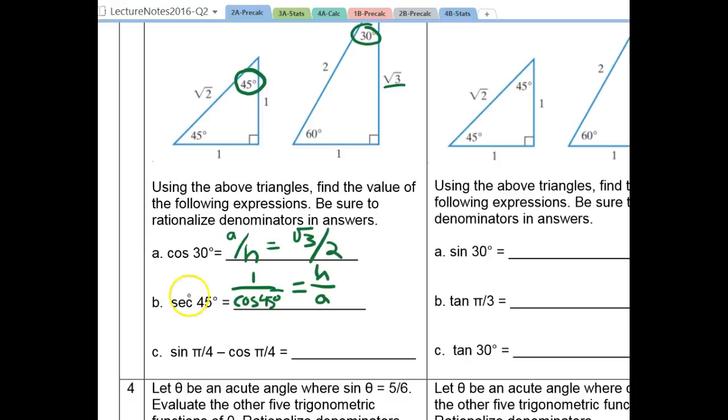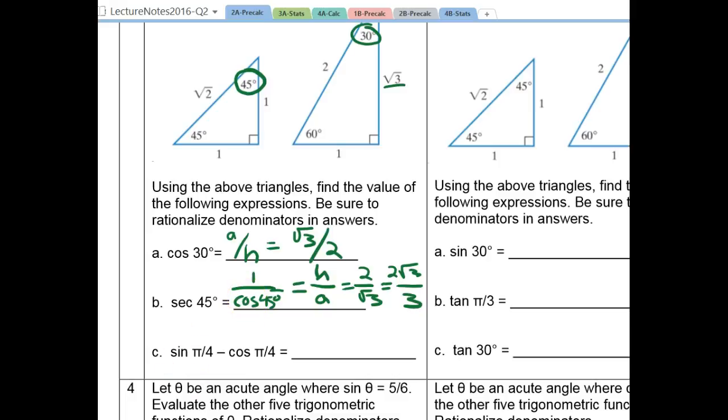Secant and cosine are inverses of each other. So basically all I have to do to get this is invert this, and I would have 2 root 3, and then rationalize that. This will be equal to 2 root 3 over 3 for the secant of 45.